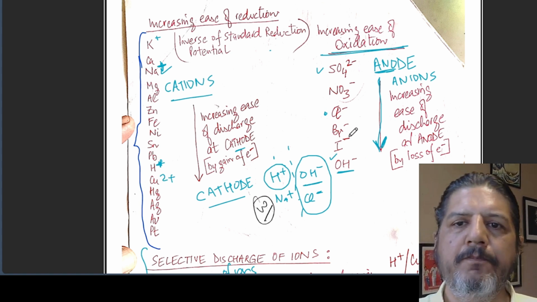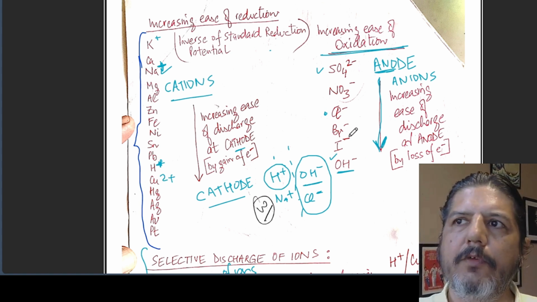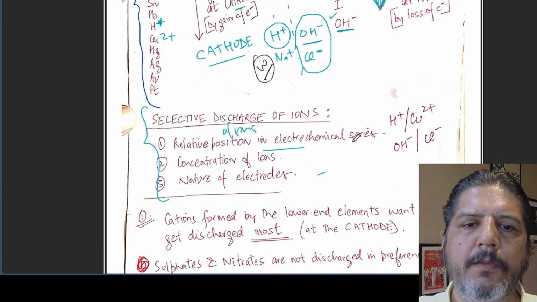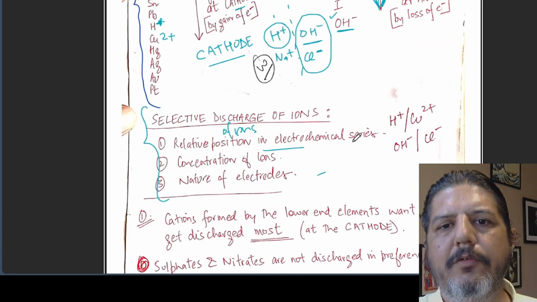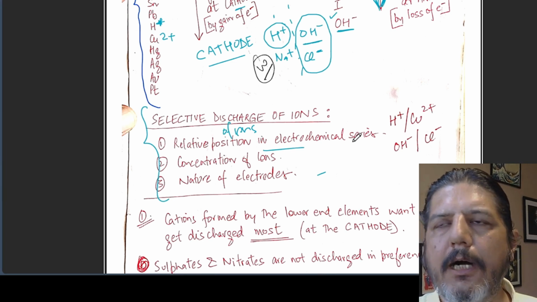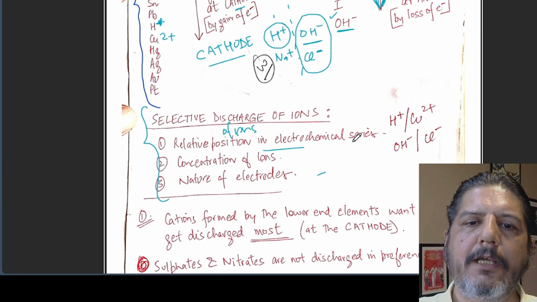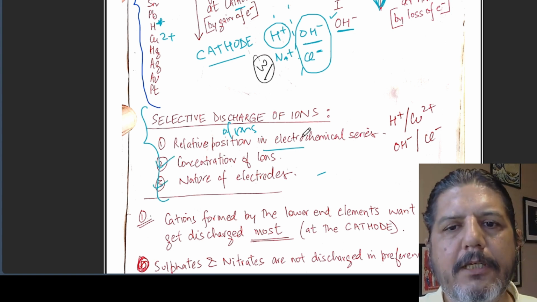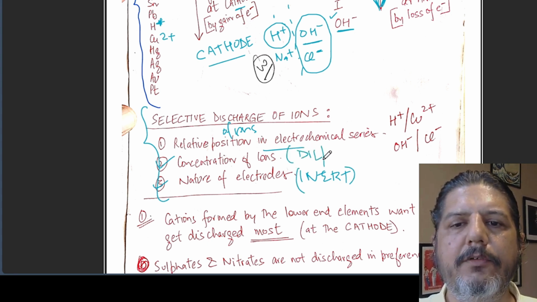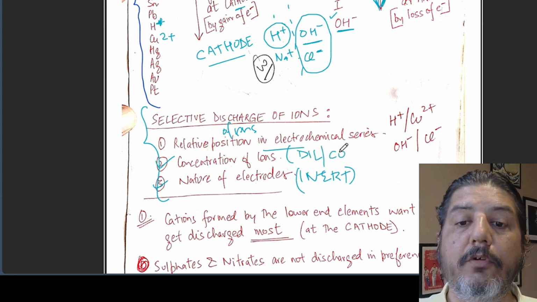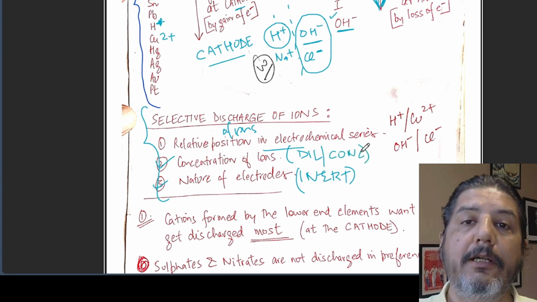This is one of the conditions which will help us decide which ion gets discharged. The second is the concentration of ions. The third is the nature of electrodes. In the case that we are discussing, we are dealing with inert electrodes. For concentration of ions, in our cases we have dilute also, we have concentrated also. So that is why it will be a good comparison.